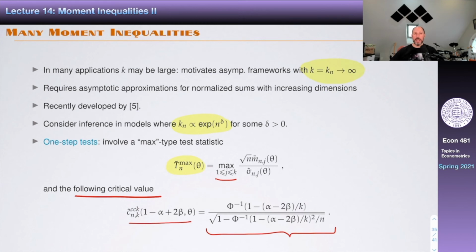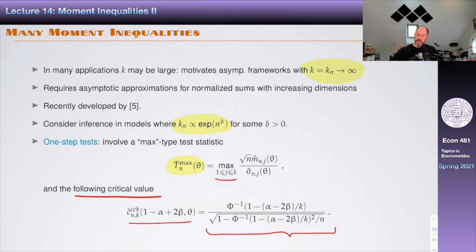And then you're going to see later why beta shows up and so on. What's beta? As you can imagine from the previous paper, you can have a guess of what this is going to be. But the point is that the critical value has a closed form, it's very easy to compute, doesn't require simulation, it's just something you get from a computer.